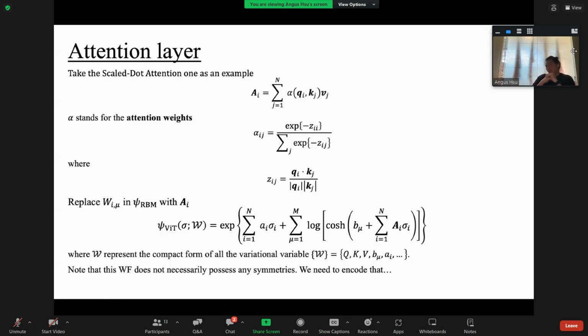In my physics picture, what it actually does is, instead of looking just at your own cluster, you have this kind of attention which cares about KJ, the other clusters that are near you.